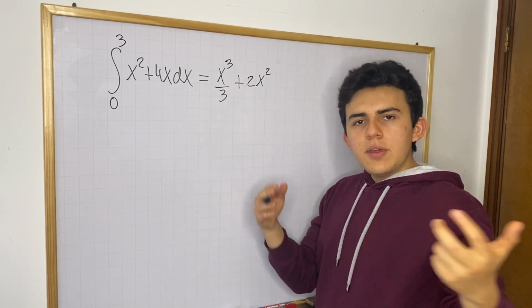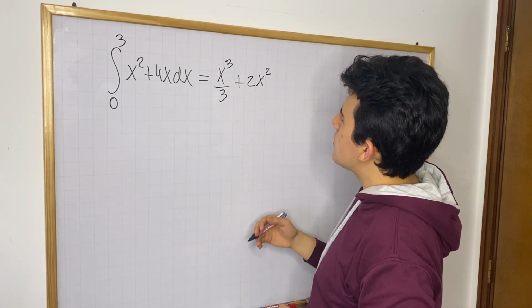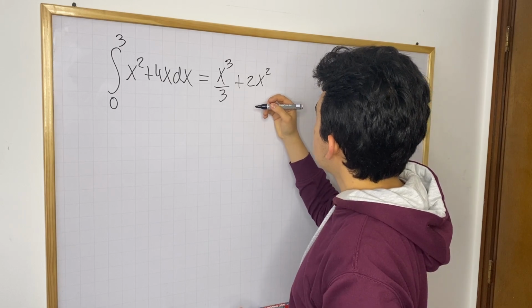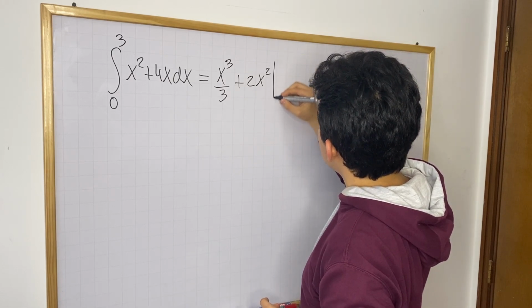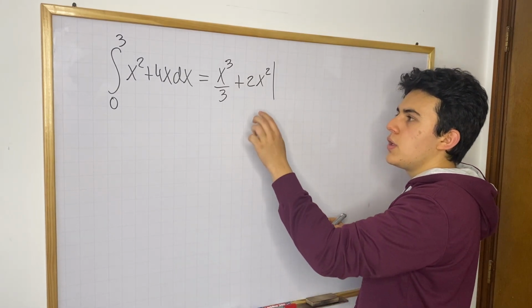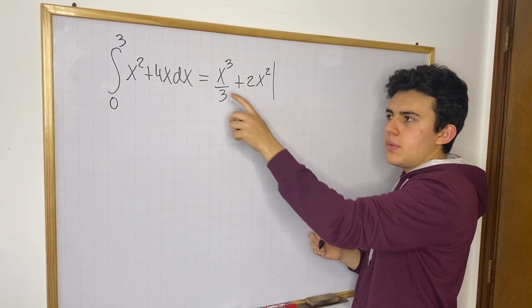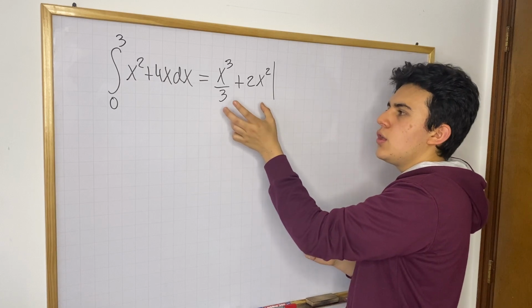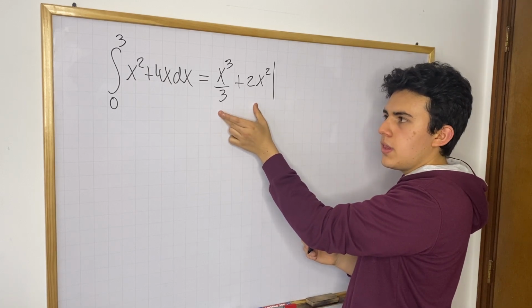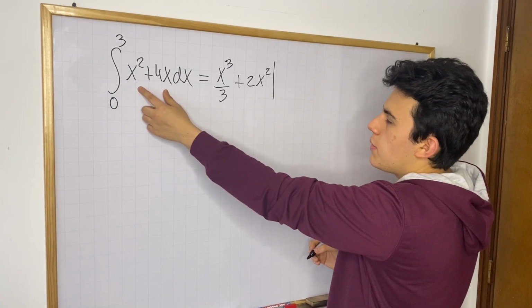Now, you might be new to definite integrals, and I think it's worth mentioning a notation that is commonly used to represent when you have already antidifferentiated but have not computed the definite integral. You write the antiderivative, which is going to be this one, the antiderivative of this binomial.